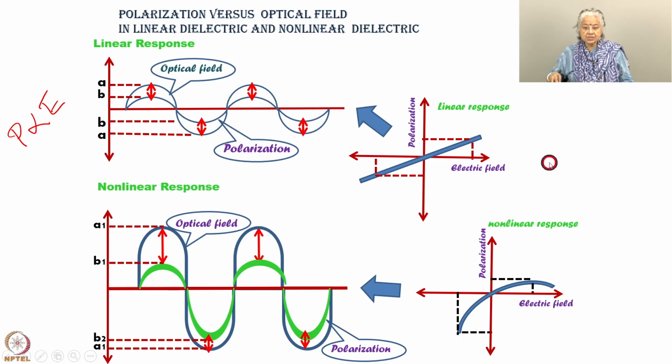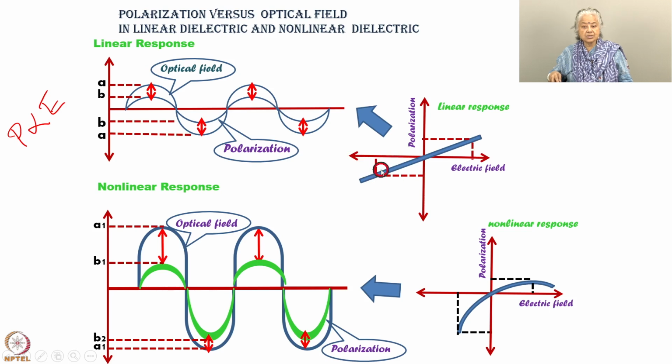Another way of representation is this. Suppose this is the electric field and this is the polarization. It is a straight line, it is a linear response. Electric field increases, polarization also increases here. When it is negative electric field, polarization here is just this much, here it is this much.